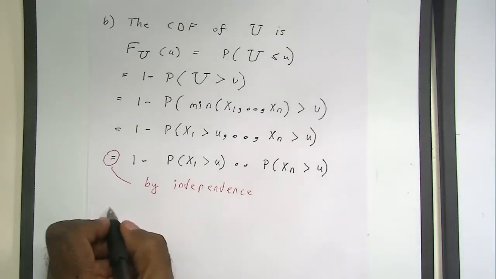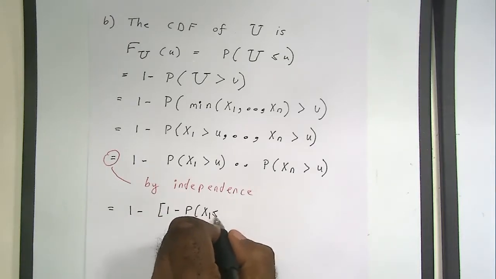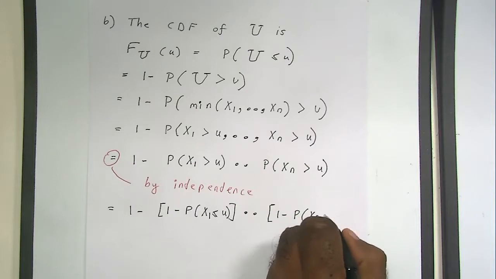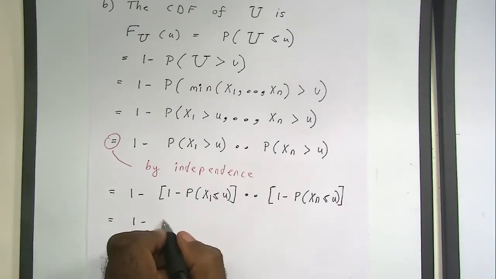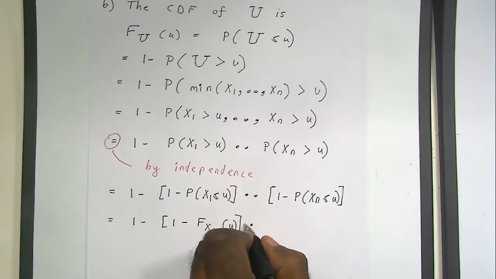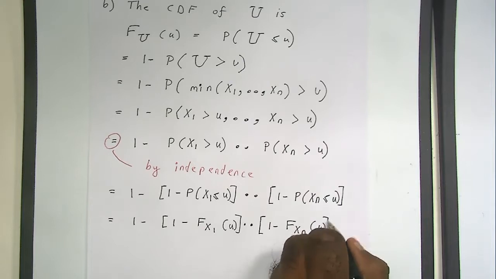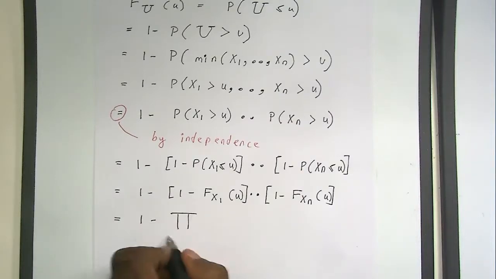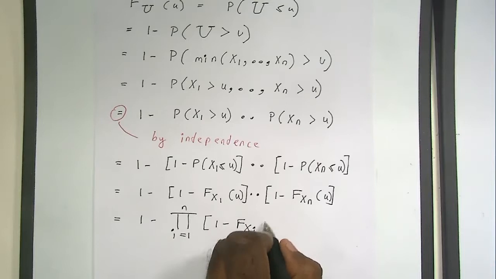Okay, now I'm going to write this as like this, and this will become 1 minus the product from i equals 1 to n of 1 minus F_Xi at u.